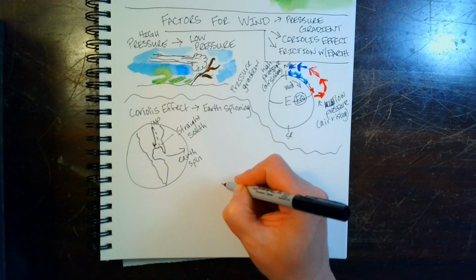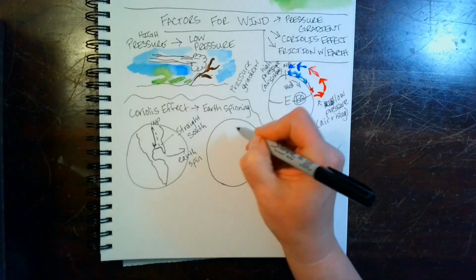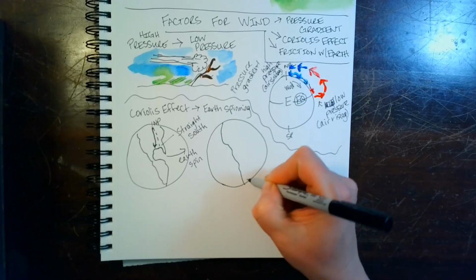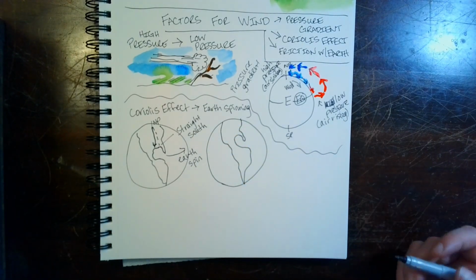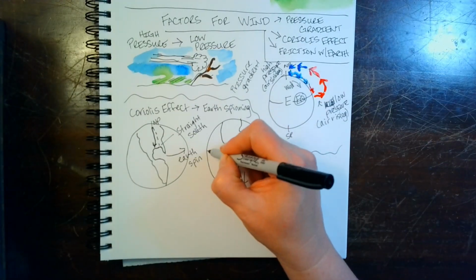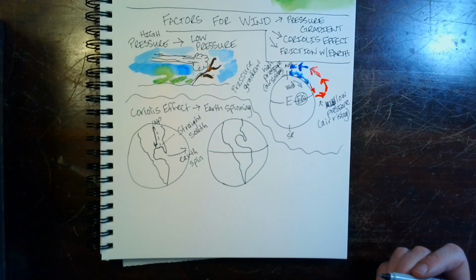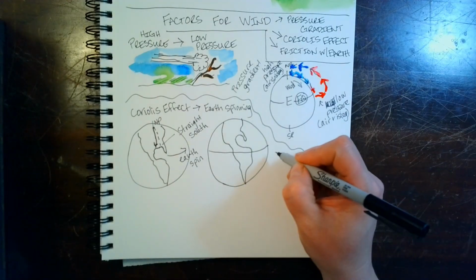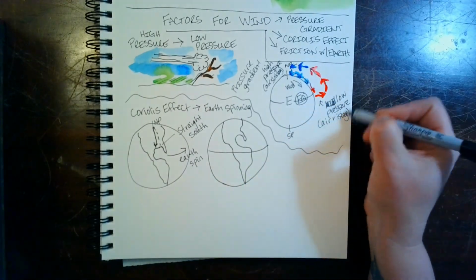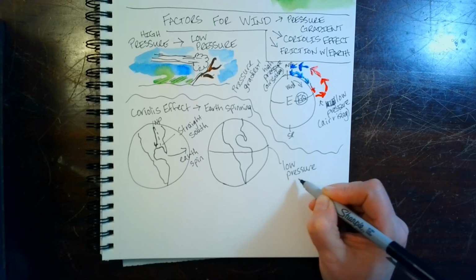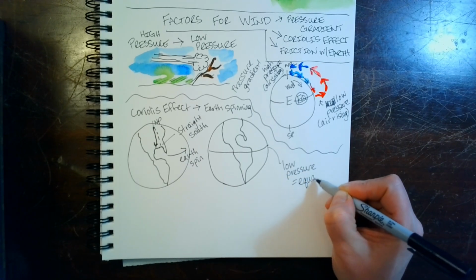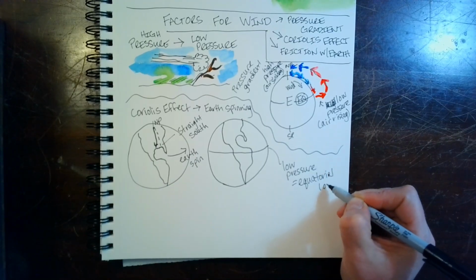Now let's scale this up globally. At the equator, we have that low pressure system where the warm air is rising. It is trying to rise up to the poles, but remember how the air pressure gradient slows down with distance? Well, it starts to sink at about 30 degrees latitude. So that sinking air creates a high pressure system at 30 degrees latitude. We call those the horse latitudes.